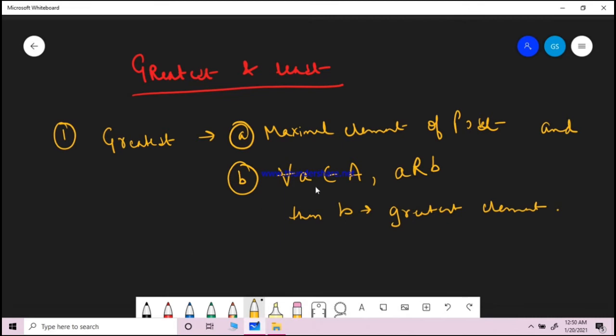Suppose B is the maximal element of the set. It is one of the maximal elements from the set, and every other element from this, or you can simply say that this always appears on this side.